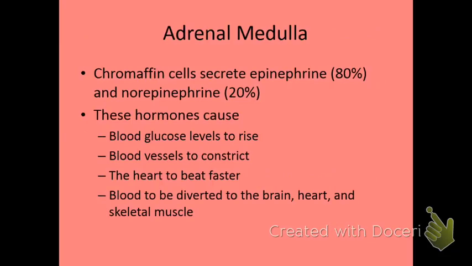The adrenal medulla has chromaffin cells. They secrete epinephrine and norepinephrine. These hormones cause blood sugar to rise, blood vessels to constrict, the heart rate to beat faster, blood pressure to go up, and blood to be diverted to the brain, the heart, and the skeletal muscle. It revs up your system. It makes you superhuman. It gives you strength and lots of energy. It creates the ability to keep going longer than you normally would, and it's a stress, fight or flight hormone.